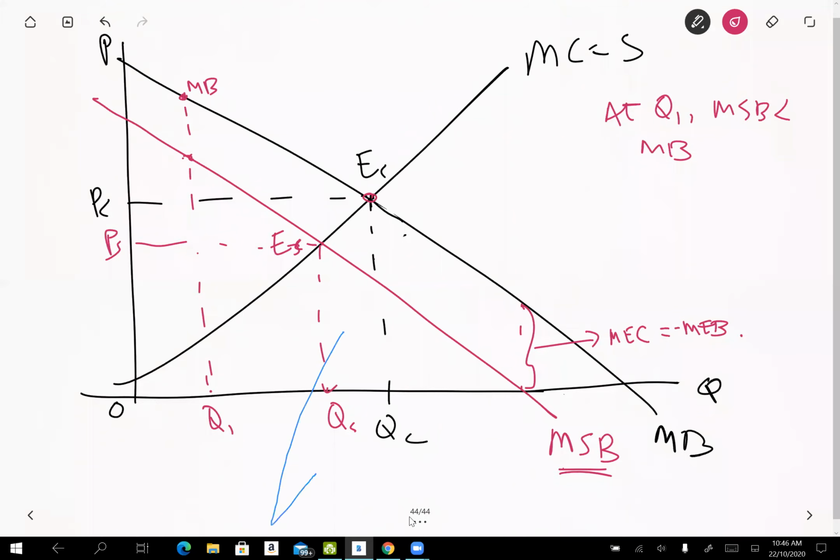Can you do it now? Finish it up. And also, I would like you to look at the net gain. Which area is the net gain? Identify the net gain to the society.